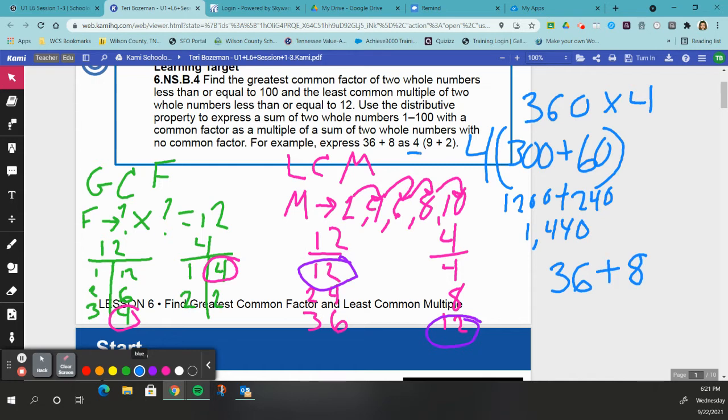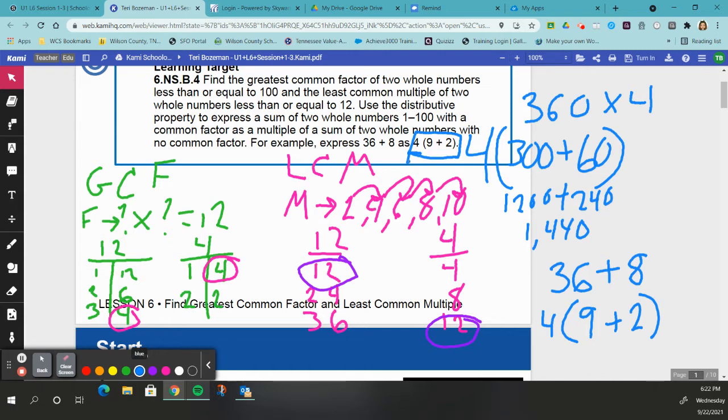They both share a factor of 4. So 36 has 4 as a factor and 8 has 4 as a factor. So 4 times 9 would give you 36, and 4 times 2 would give you 8. So that's where they got that distributive property for that example.